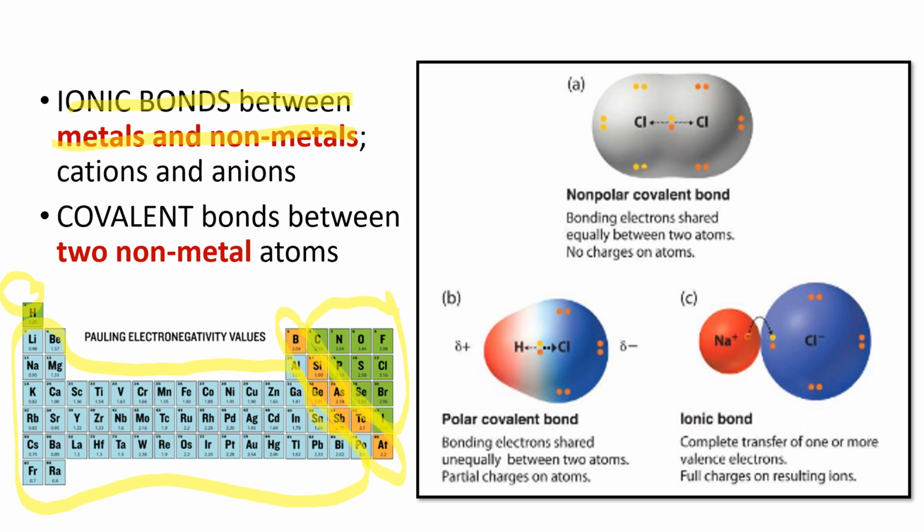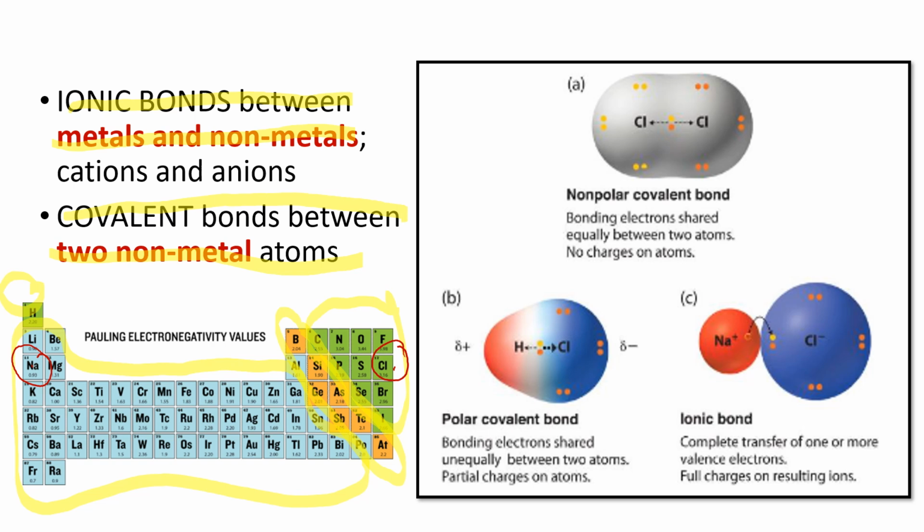So ionic bonds are between your metals and your nonmetals, between the teal and the green. The typical example that we had a while ago is sodium chloride. Sodium is a metal, and chlorine is a non-metal. So that is between a metal and a non-metal, that is your ionic bond. And covalent bonds are between two non-metals.